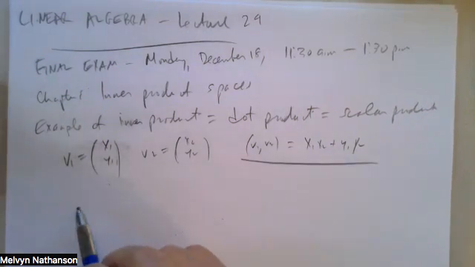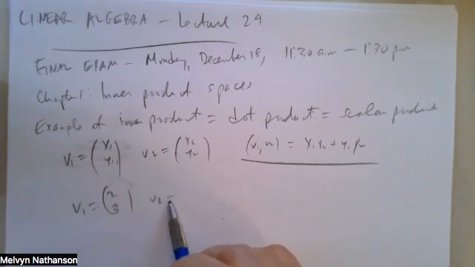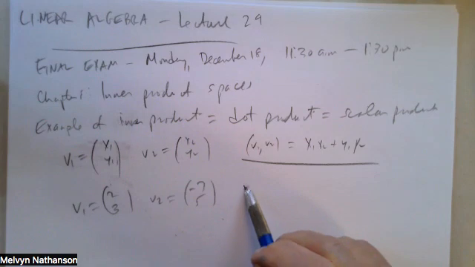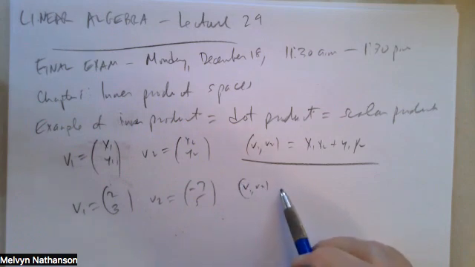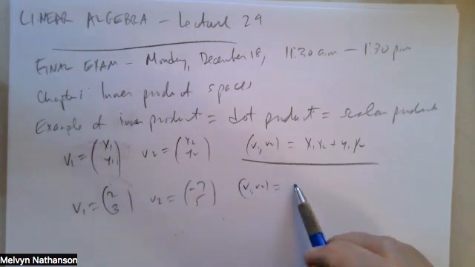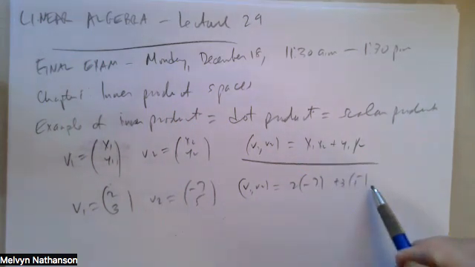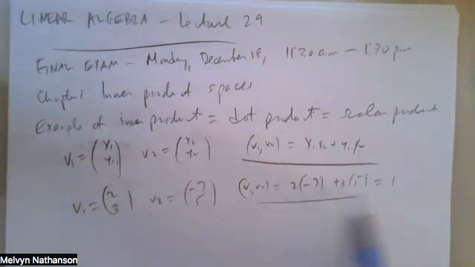So if v1 is the vector 2, 3, and v2 is the vector minus 7, 5, then the inner product would be 2 times minus 7 plus 3 times 5, which is 1. It's a number.